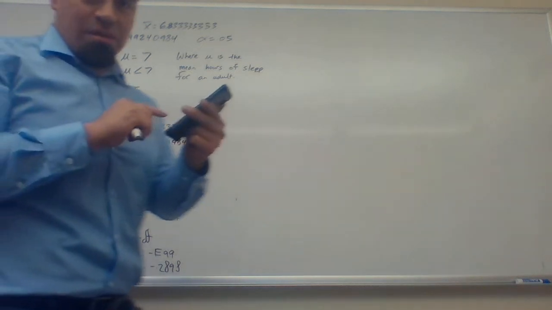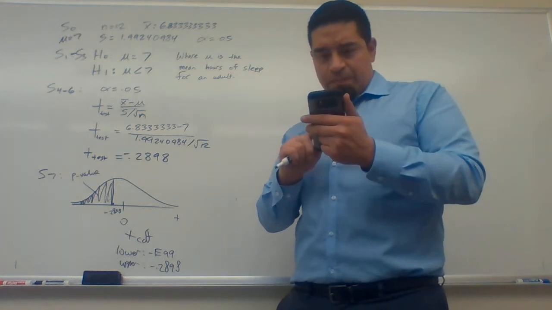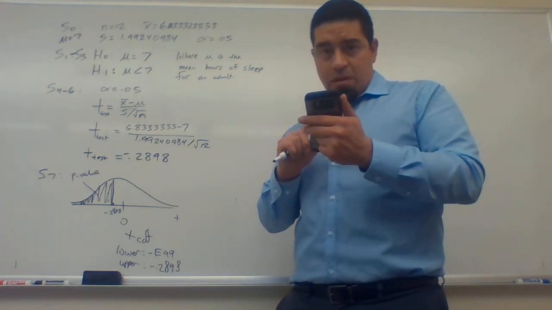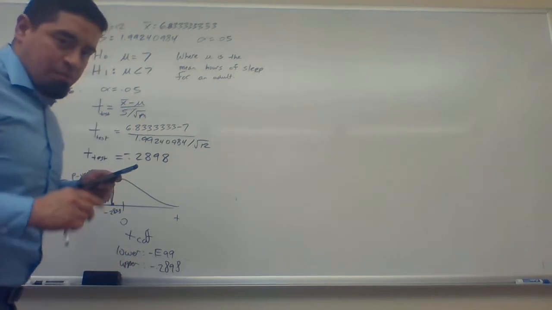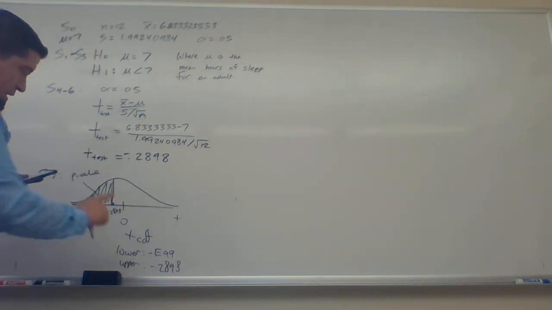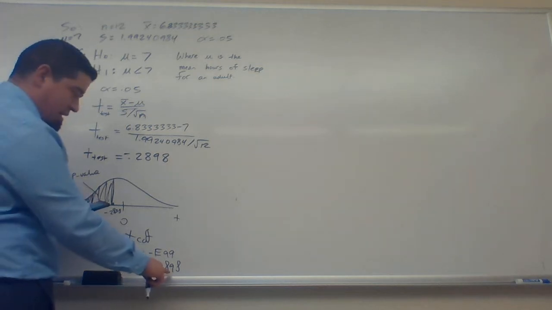Just make sure here, 1.9924. Okay, yeah, so we're going to do t-CDF, lower negative infinity, upper is negative 0.2898.